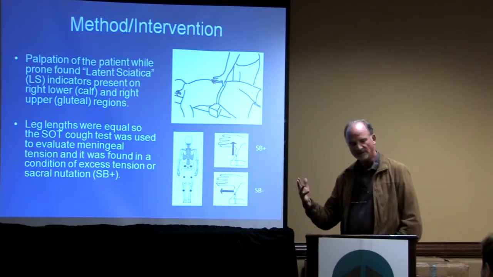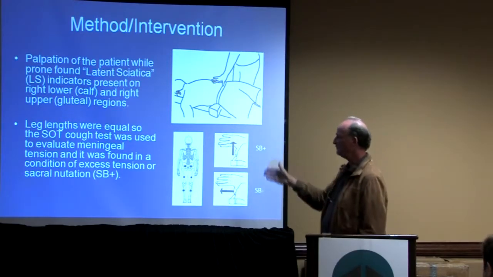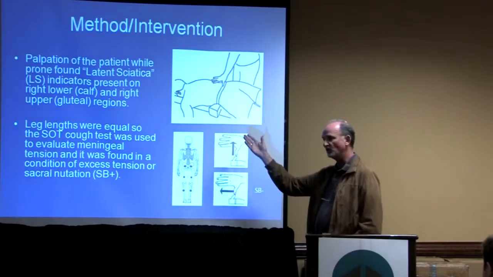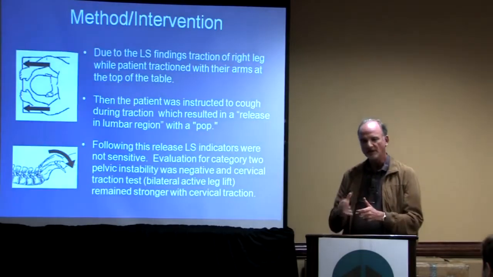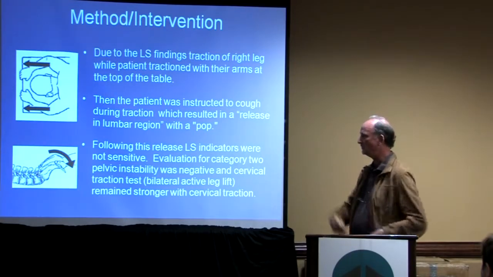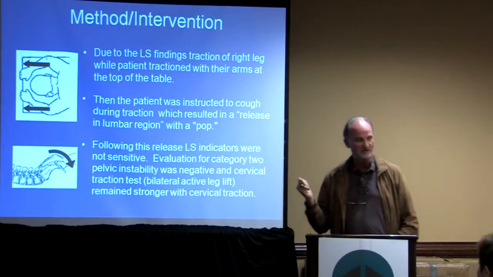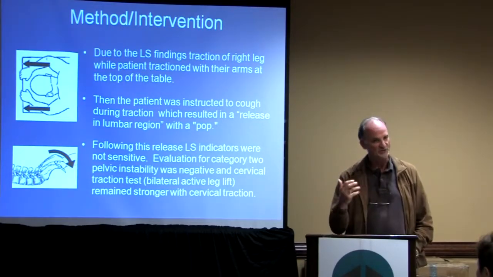I followed the example that DeJarnette had showed me and found the SB plus or minus, placed the blocks accordingly, and then pulled on the active indicator leg and asked the patient to cough while he was pulling on the top of the table. And it was in this experience that I felt this release.